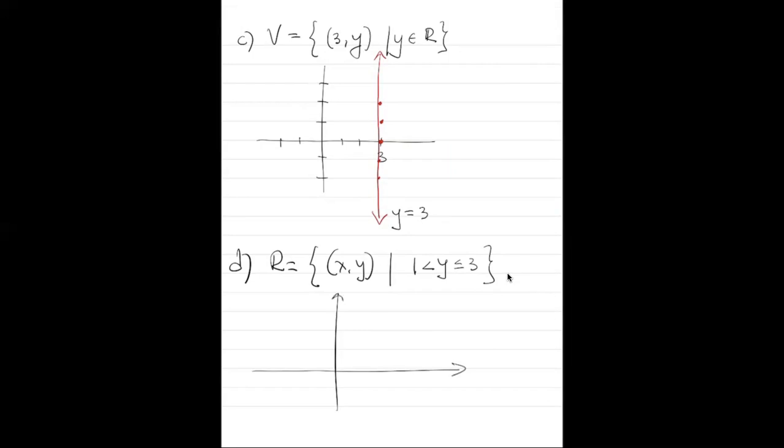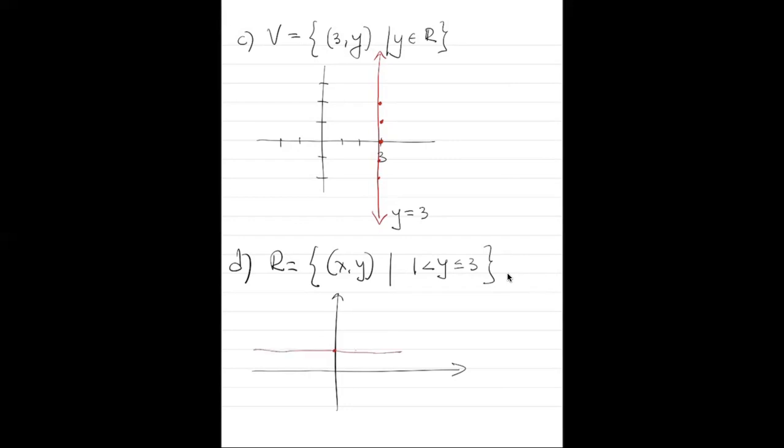Again, you begin drawing this by giving some points for x. X can be anything, but what if x is 0 and y is 1? So you have that point. What if x is 1 and y is 1? So you have that point. So it seems like x can be anything.